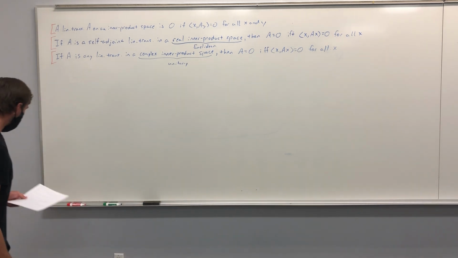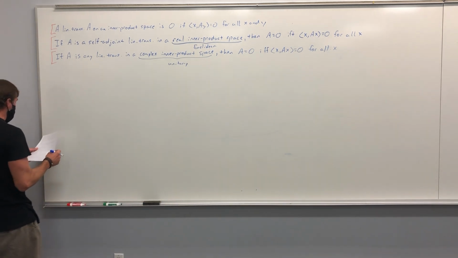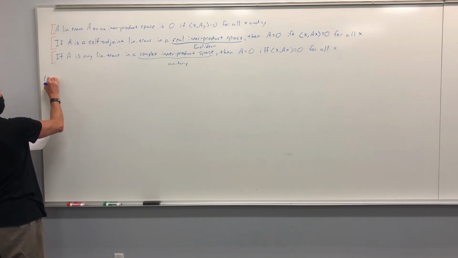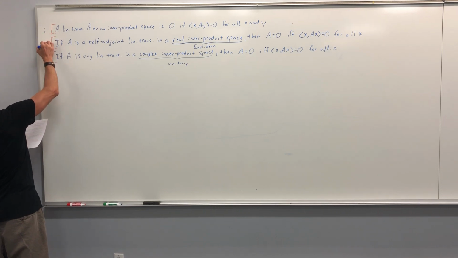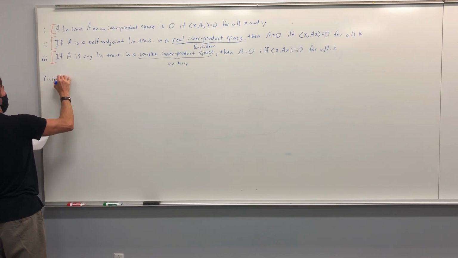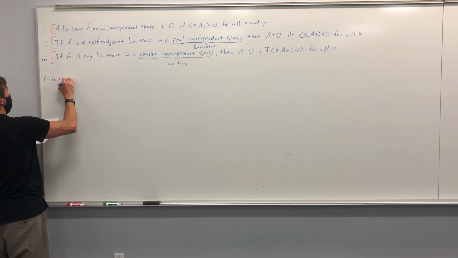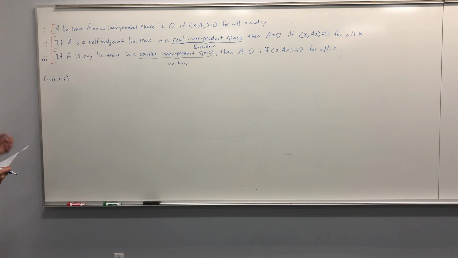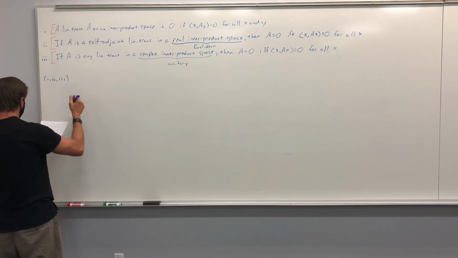Okay? So here we go. I'm going to start with A, and I'll call these 1, 2, and 3. I'm going to start with the necessary condition for all three of them together, and then we'll prove sufficiency in each case.